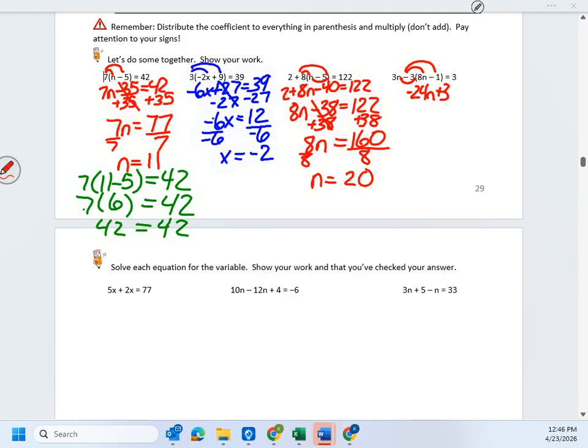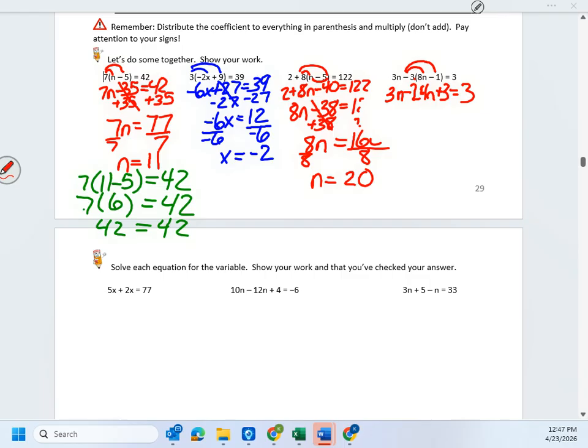Then I need to bring down the rest of my equation. Bring down that equal sign. So I have 3n minus 24n plus 3 equals 3. What's my next step, Elliot? Combine like terms.